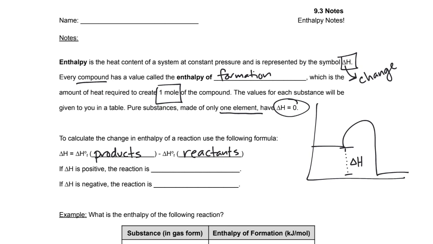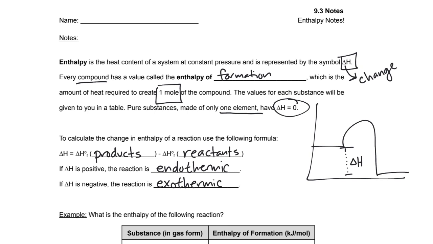If that value, that subtraction, ends up positive, that means our energy level went up. So energy had to be absorbed. And we learned last class that if energy is absorbed, the reaction is endothermic. If it goes up, that is endothermic. If it goes down, if delta H is negative, then that means your reaction is going to be exothermic.